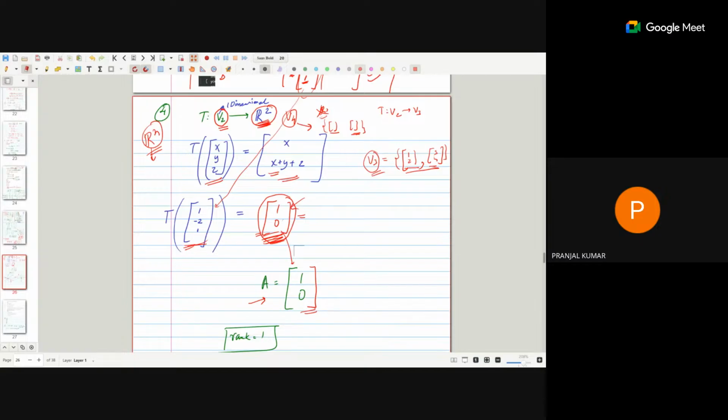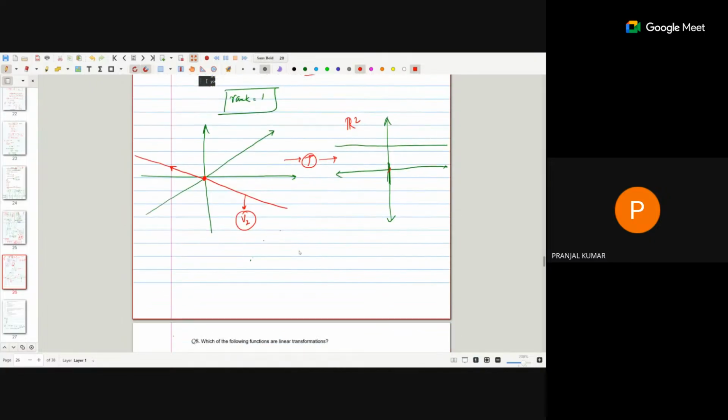Now you can see the rank and nullity. So what is the rank? Rank is less than or equal to the minimum of 1 cross 2, so this is 1. Rank is less than or equal to 1, and you can see it as 1.